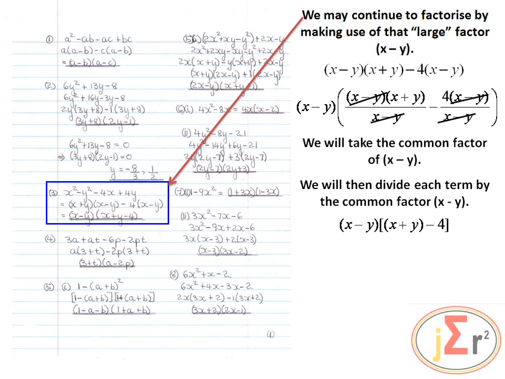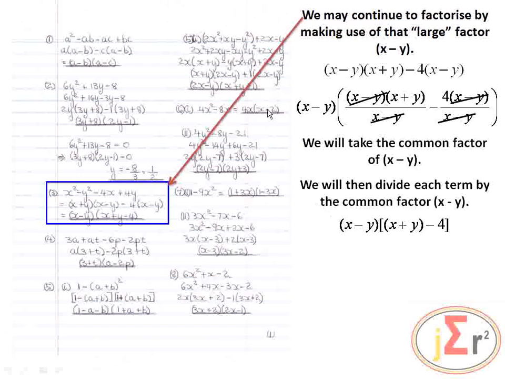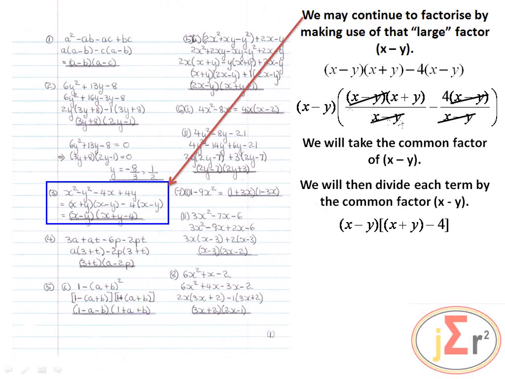So what do we have here now? These are eliminated and we have x plus y right there. These are eliminated and only the negative 4 remains.